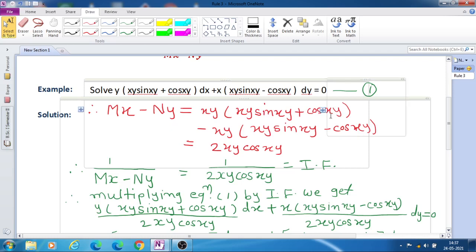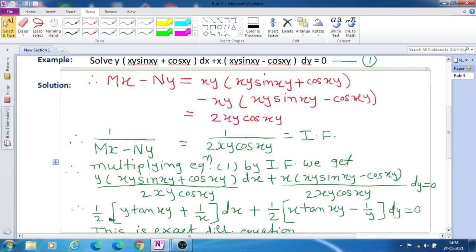And these two terms, xy into cos xy and xy into minus cos xy, minus and minus is plus, so this is the same term. So we get 2 times xy cos xy, addition of these two terms. So this is not equal to 0.